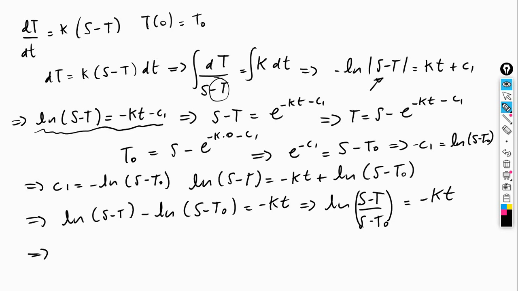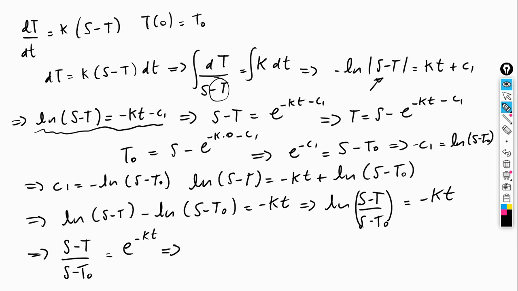And then again, using the properties of exponents and logarithms, we get (S - T) over (S - T₀) is equal to e to the power of minus kt.